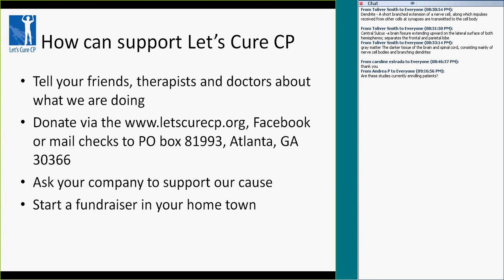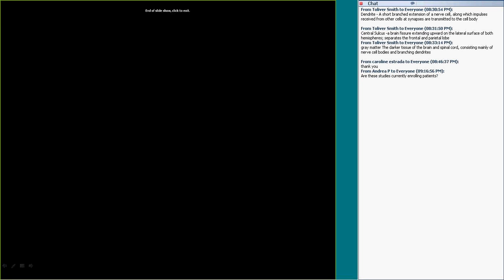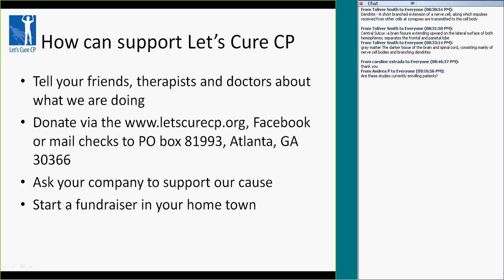As we all know, about 50% or more of CP patients have very clean MRIs, and they're not really sure why they have CP, but they do, and they present with CP. So we really need to be careful with that. And Cliff, do you have anything to add to that?